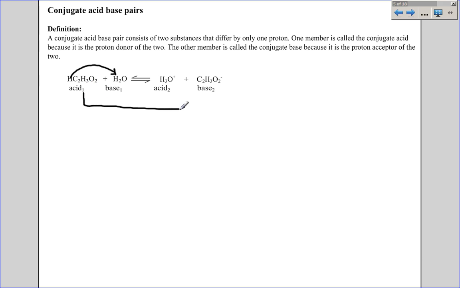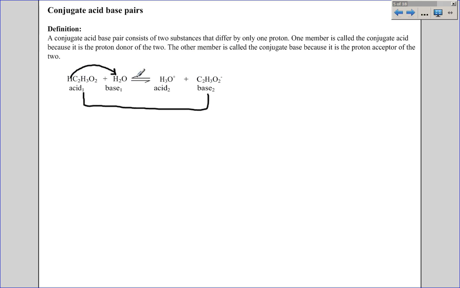So this substance differs by one proton from this substance. This is acetic acid, and this is the acetate ion. So this is referred to as the acid in the pair because it has a proton to donate. And this is a base in the pair because it would accept a proton to become the acetic acid.